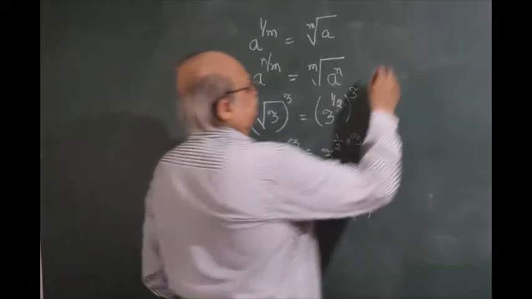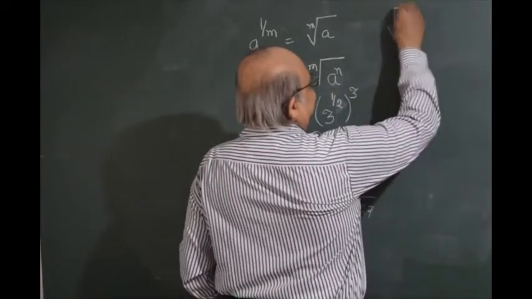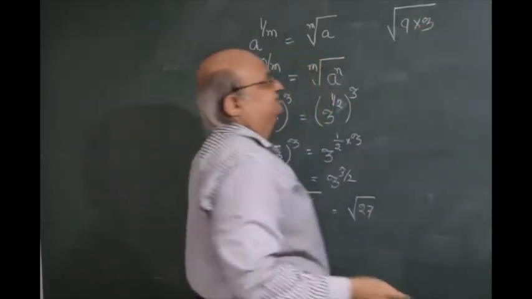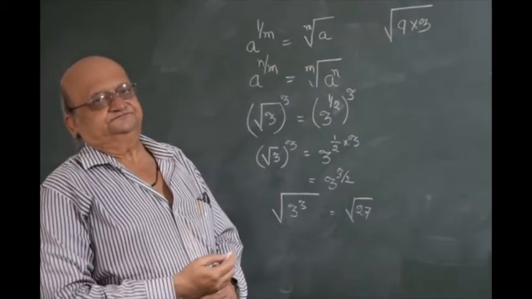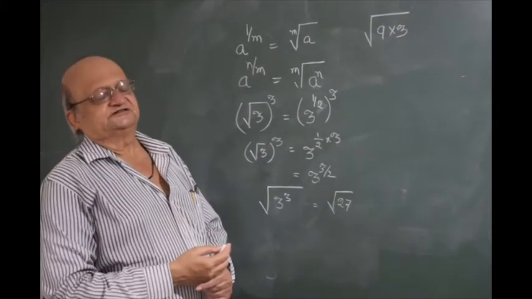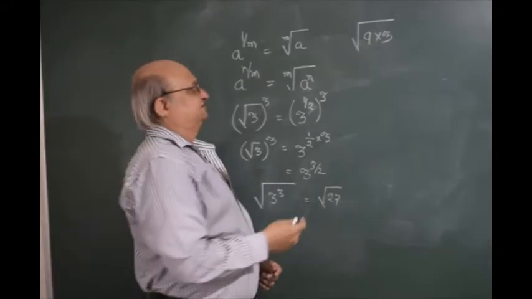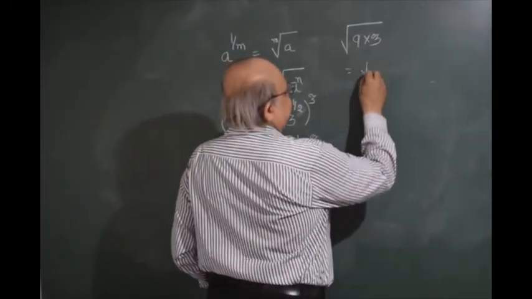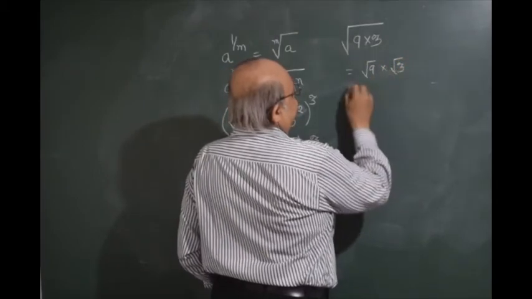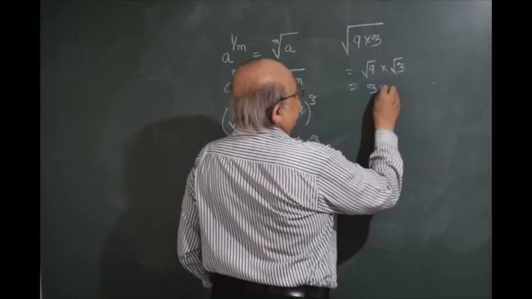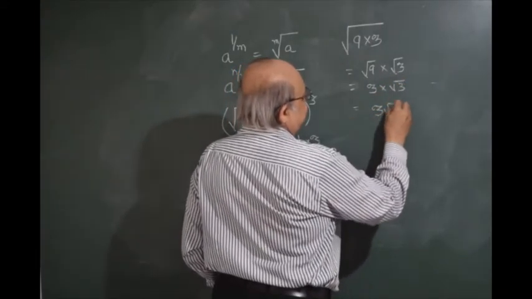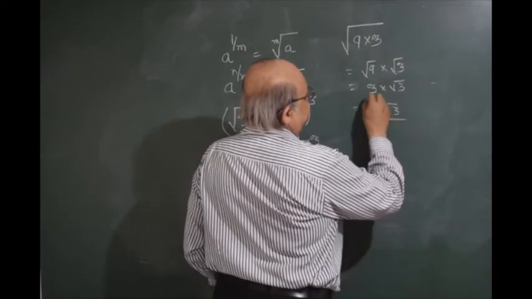Now this 27 can be factorized as 9 into 3. Now remember, 9 is a perfect square, so this can be written as square root of 9 multiply square root of 3, we get 3 into root 3, and our final answer is 3 root 3.